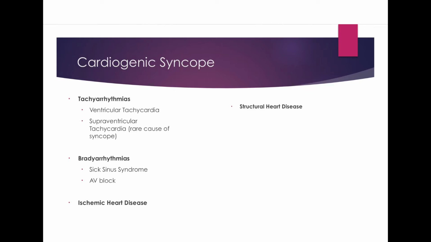Structural heart disease, particularly aortic stenosis, hypertrophic cardiomyopathy, or HOCM, the cardiac tumor called the atrial myxoma, cardiac tamponade, and vascular abnormalities such as the anomalous left main coronary artery from the pulmonary artery.